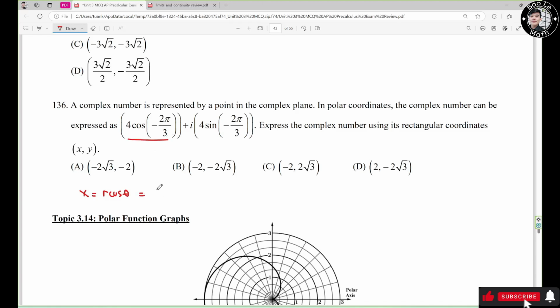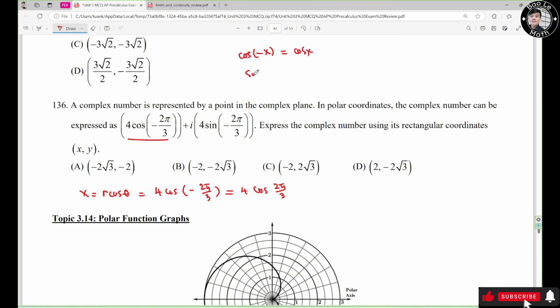This one is x, so it could be 4 cosine of negative 2 pi over 3, right? Because the cosine function is even, right? So this guy turns out to be 4 cosine of 2 pi over 3. Keep in mind the cosine function of x is even, then cosine of negative x equals cosine of x.